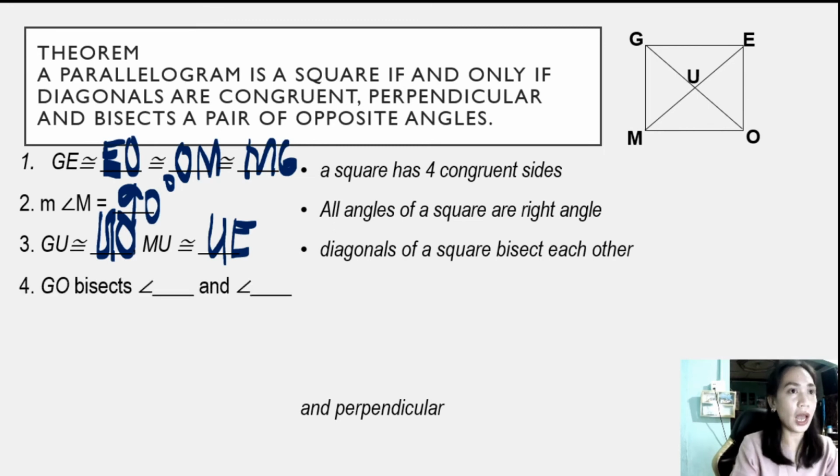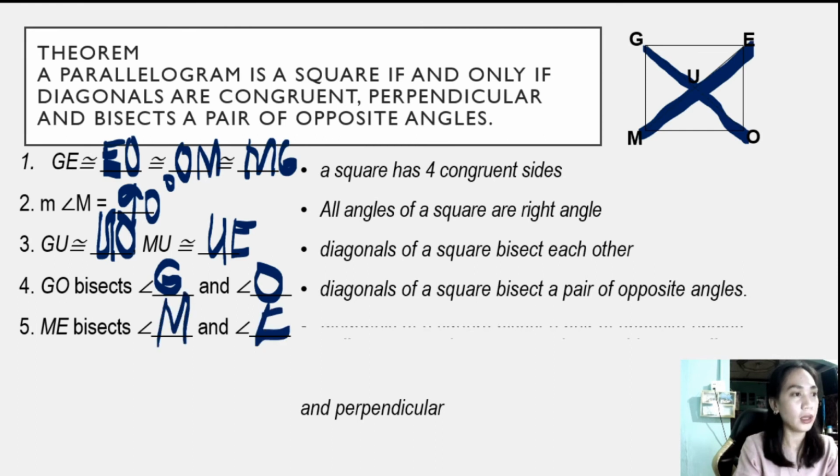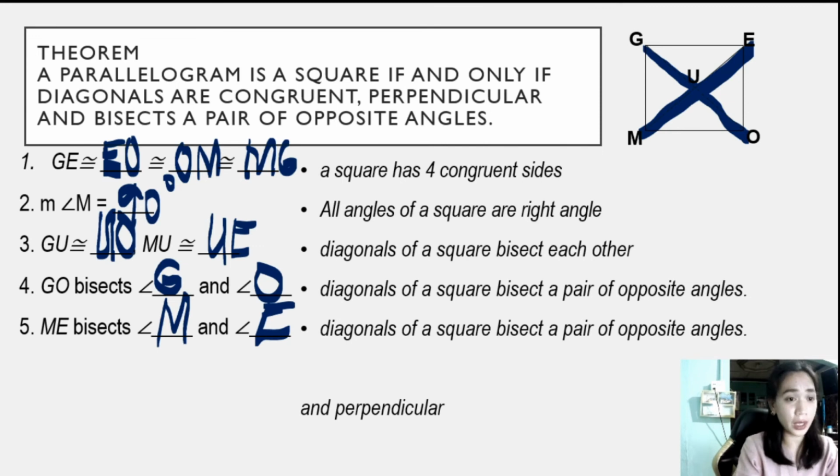Next, you have the diagonal GO. This diagonal bisects angle G and angle O. And you have ME, another diagonal, which bisects angle M and angle E. The reason: the diagonals of a square bisect a pair of opposite angles.